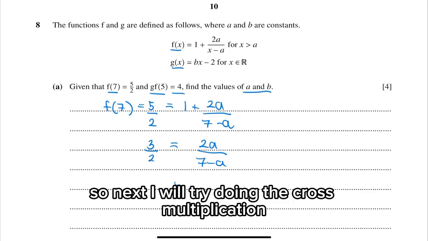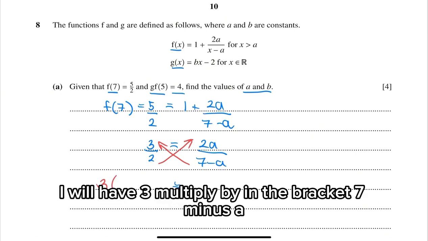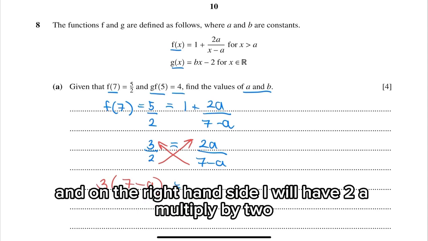So next I will do the cross multiplication. On the left hand side I will have 3 multiplied by, in the bracket, 7 minus a, and on the right hand side I will have 2a multiplied by 2.